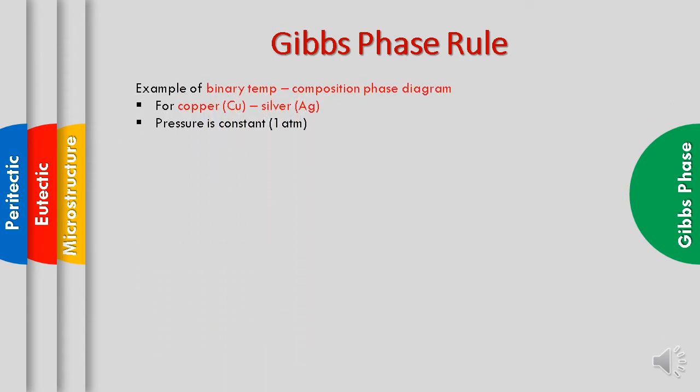So for example, let me see the binary temperature composition phase diagram, for example of copper and silver. So the pressure is constant. Basically, when we talk about binary temperature composition, the parameters for the temperature vary, and also the composition.